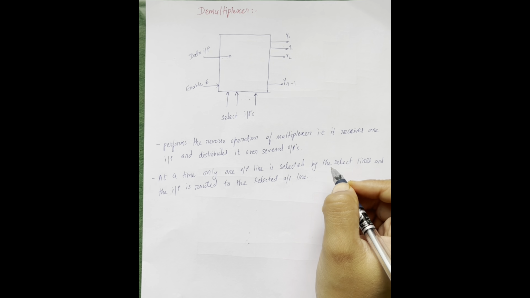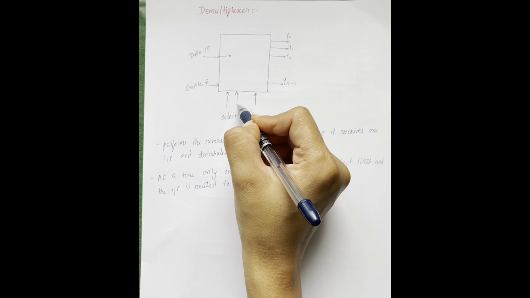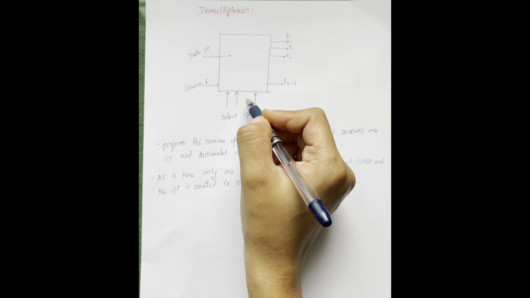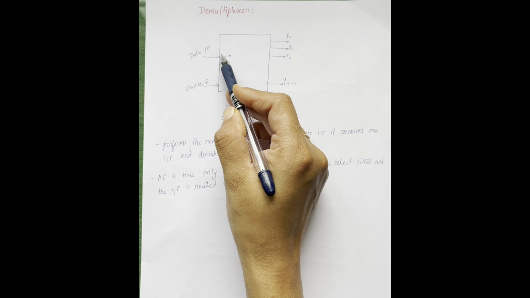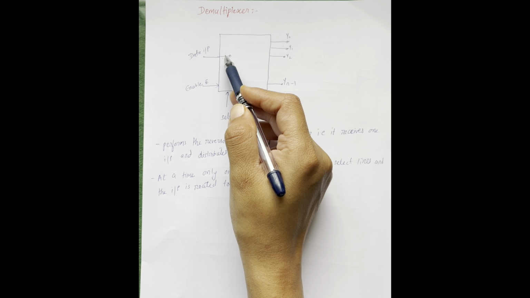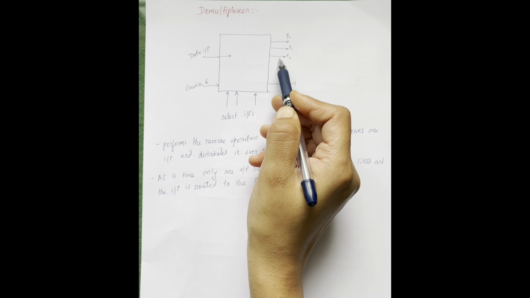Actually in multiplexer, these select lines are used to select a single input line among the number of input lines, and it diverts towards your single output.